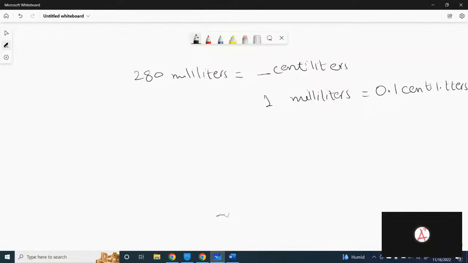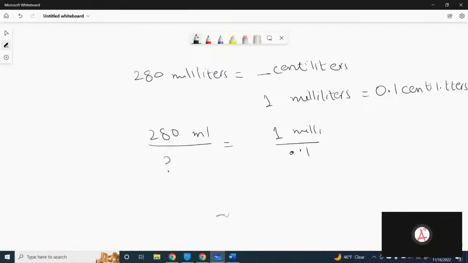So what you have to do is just form a proportion. It would be 280 milliliters divided by the missing one, and you have 1 milliliter divided by 0.1. So you have to make 280 milliliters here, so just multiply 1 times 280.